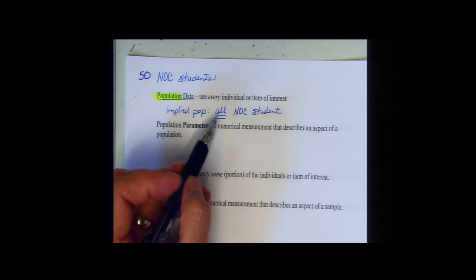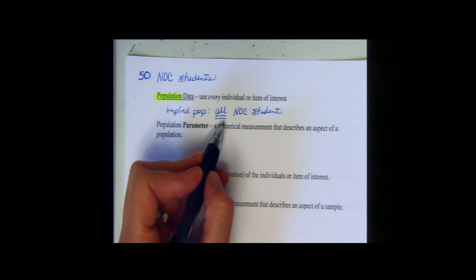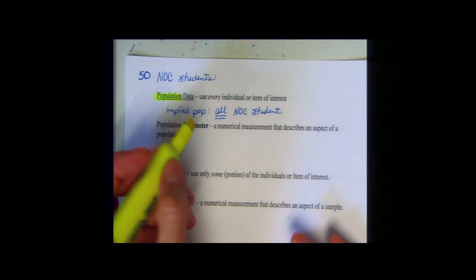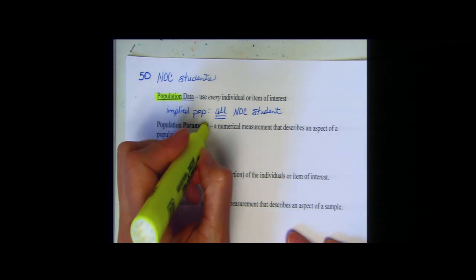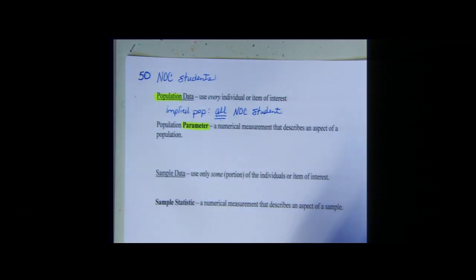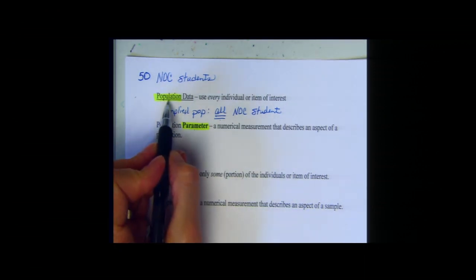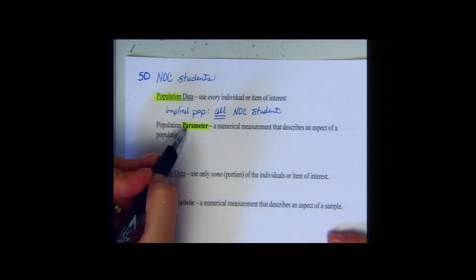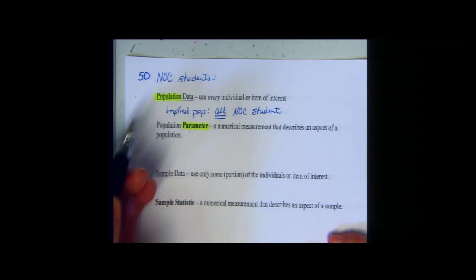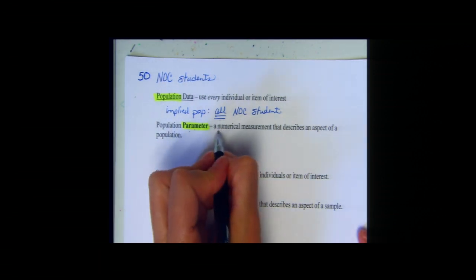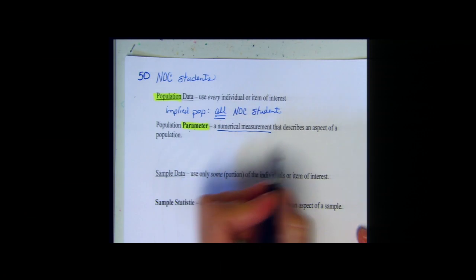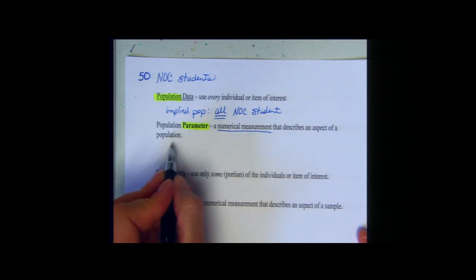Now, anything we extract from the population as a numerical measurement is what we call a population parameter. You need to be familiar that parameter goes with population, and the easiest way to remember that is they both start with a P. So a population parameter is a numerical measurement that describes an aspect of a population.